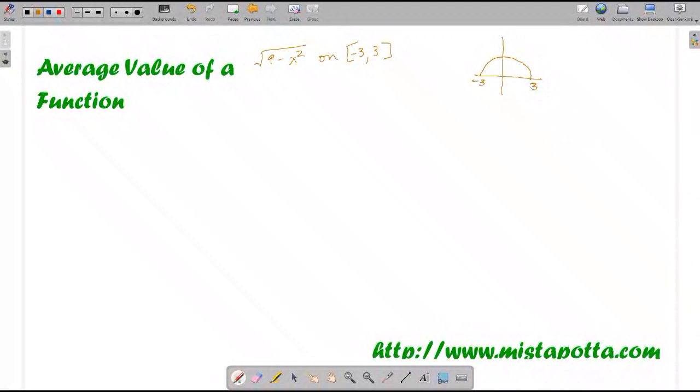And I know what the height is. The height here is 3. But I can also find the area of this. This area has to be equal to 1/2 pi r squared, or 9 pi over 2. But I also know that this base is 6.